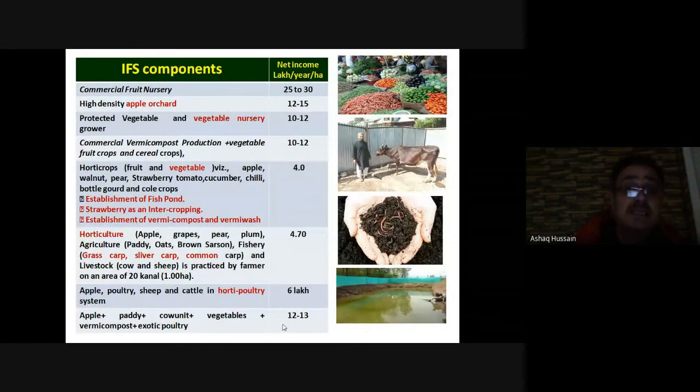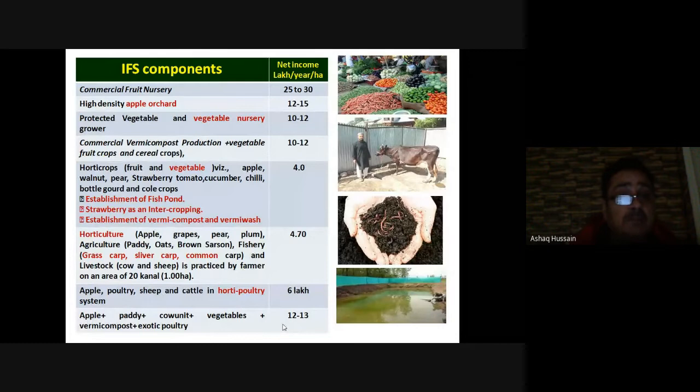Then vegetable nursery and protected vegetable cultivation in polyhouses help the farmers to produce seedlings of high quality for supply to the farmers early in the season. Then the real integration is possible by integrating an animal with a vegetable crop or a field crop, and also doing some vermicompost production that can generate an income of 12 lakh rupees per hectare.